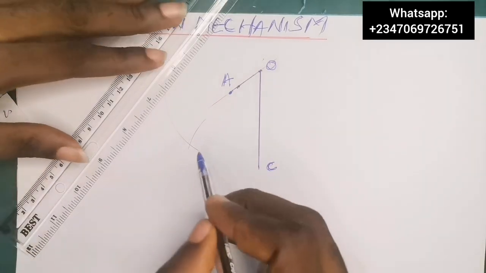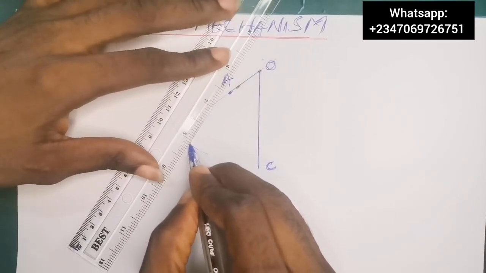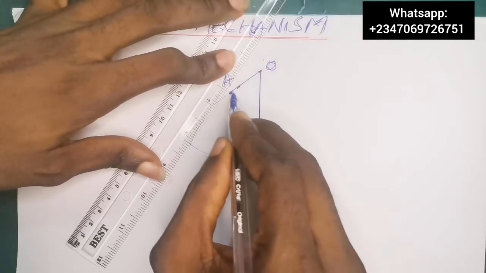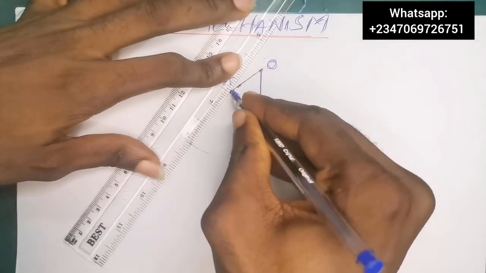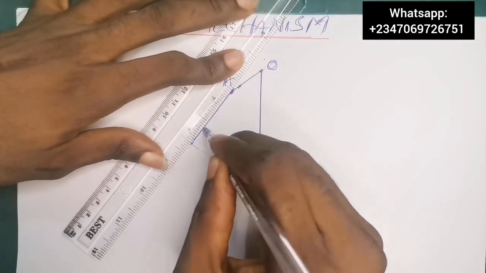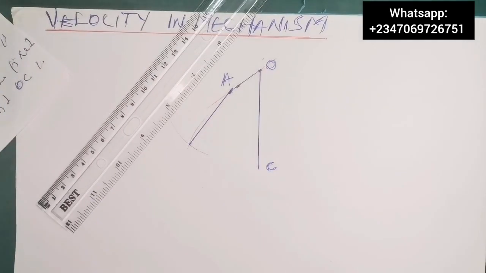So you join the 2 points now at the point of intersection. So this is the point of intersection. Now you join the points, join point A to this point. So you join these 2 points together and you have this.